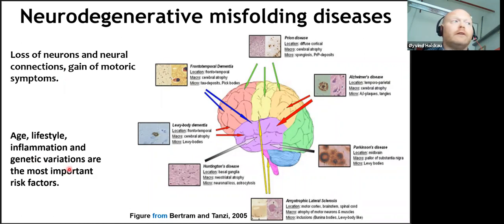There are risk factors: age, lifestyle, persistent states of inflammation, and of course genetic variations or downright on-off inherited states, such as especially Huntington's disease. So the rest of the talk will focus primarily on Parkinson's disease, or rather alpha-synuclein, the misfolder in Parkinson's disease.